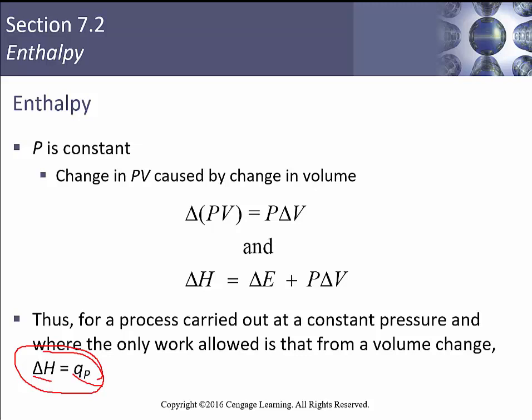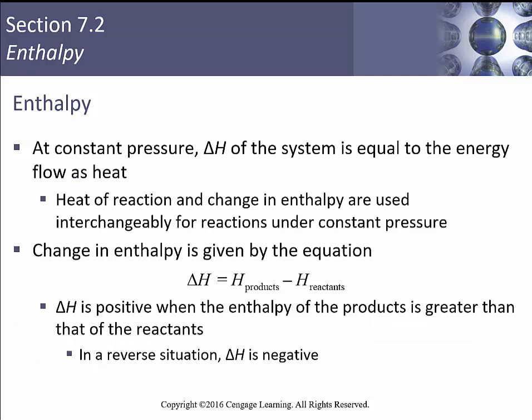So where we've got a constant pressure, where only the volume change is allowed to happen, because pressure is constant, we're going to drop that term out, and so it's going to be delta H is equal to Q. Right? So under constant pressure, delta H of a system is equal to the energy flow as heat. So this is an important concept. The heat of reaction and the change in enthalpy are used interchangeably for reactions under constant pressure.